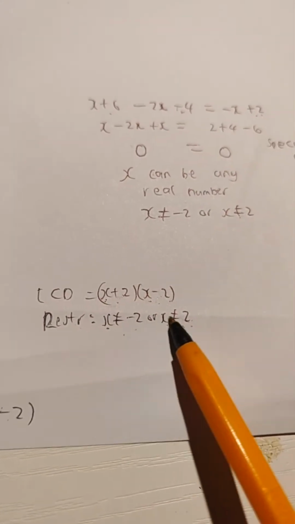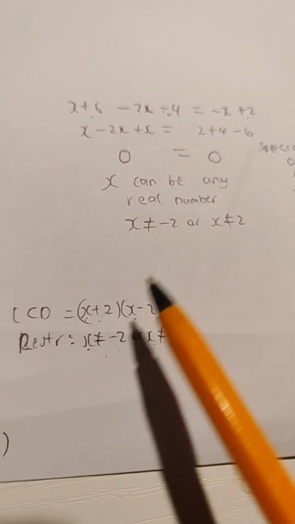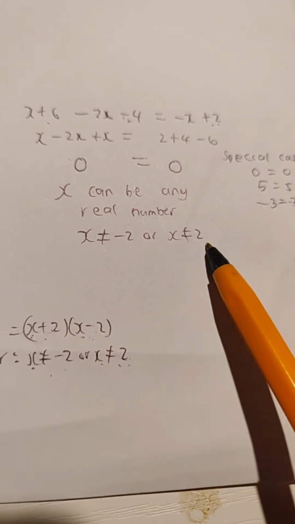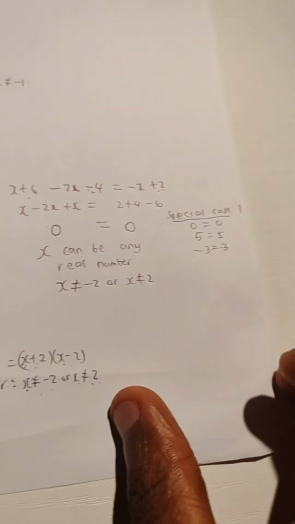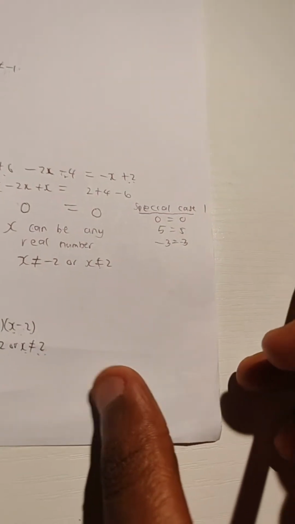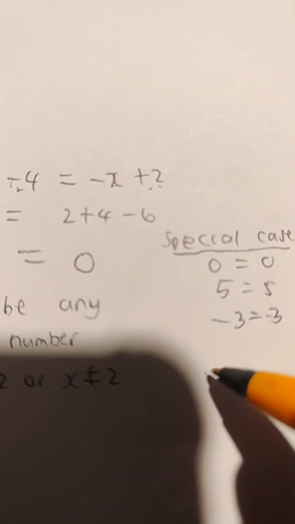The only exception is that we say x cannot be negative 2 in the restriction and x cannot be 2 in the restriction. This is a special case and we always need to take it into consideration because it is possible. That's special case 1. Special case number 2.